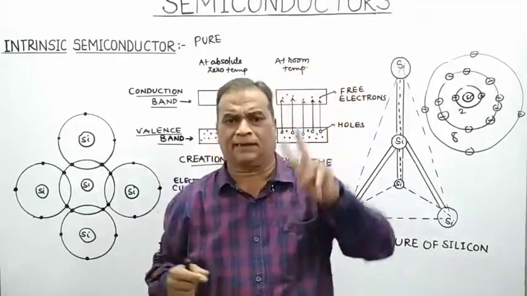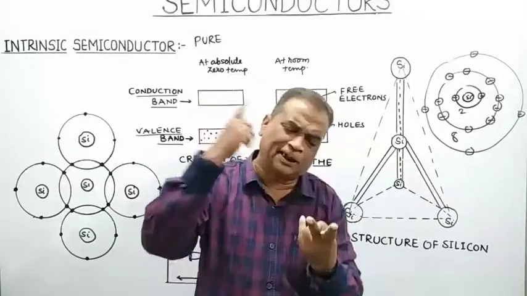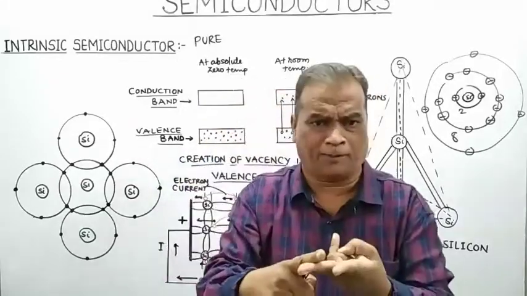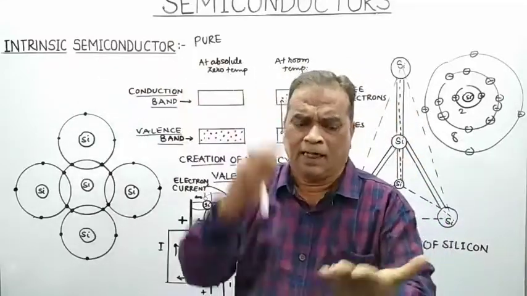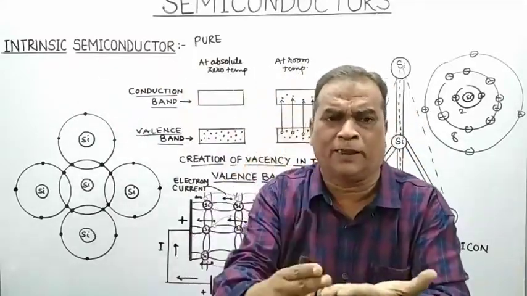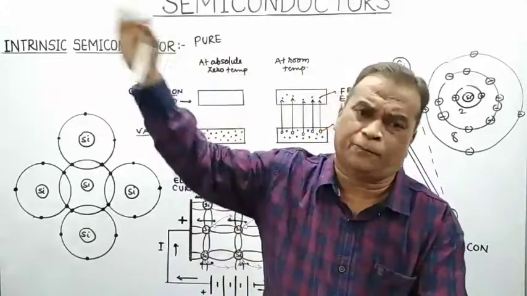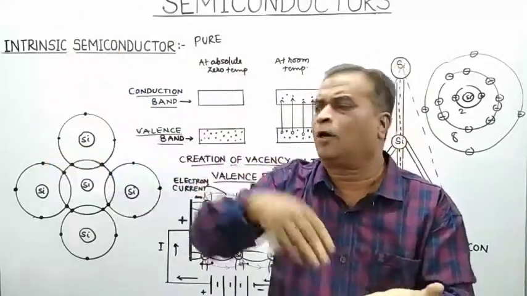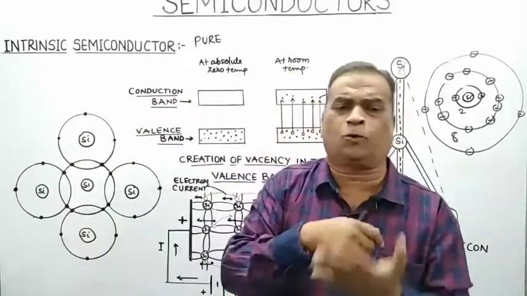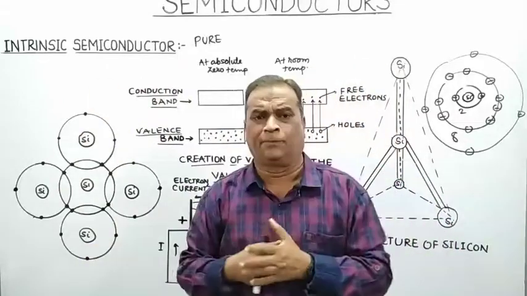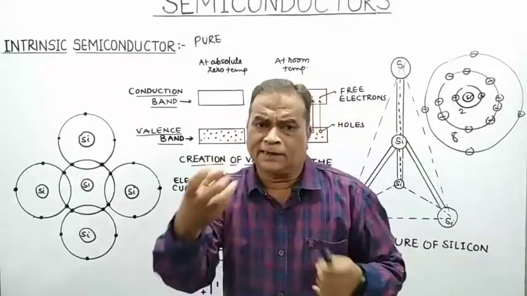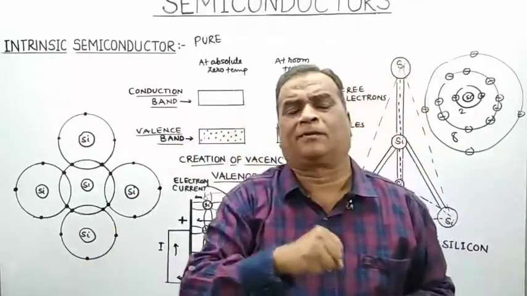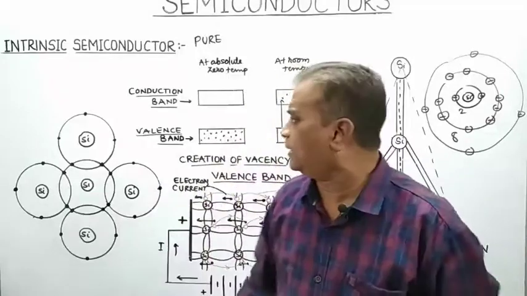So there are two different types. If a semiconductor is in pure form, it is intrinsic. A semiconductor to which impurity atoms from the fifth group or third group of the periodic table were added as an impurity, that is, any semiconductor doped with some impurity atom, is called an extrinsic semiconductor.